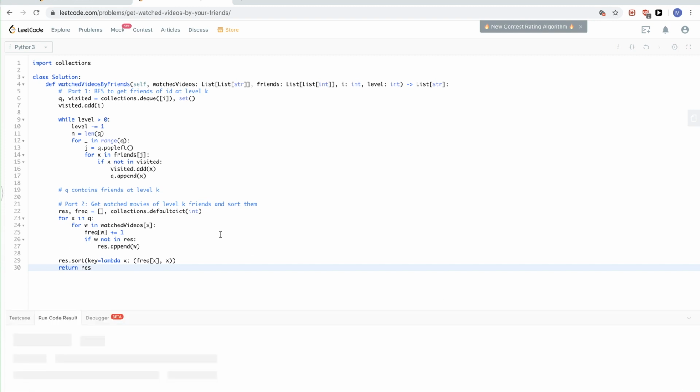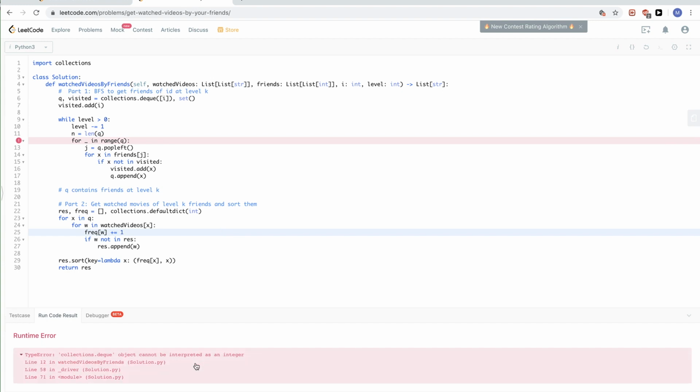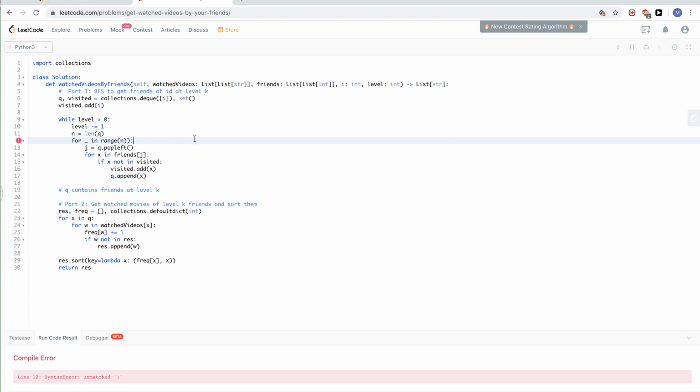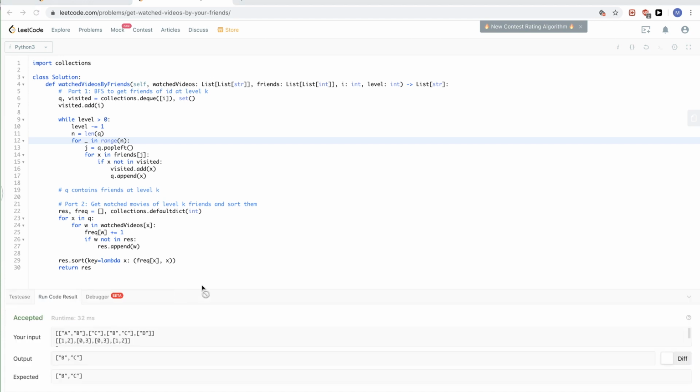So let's run. Here it's range of n actually. Okay, so that looks good.